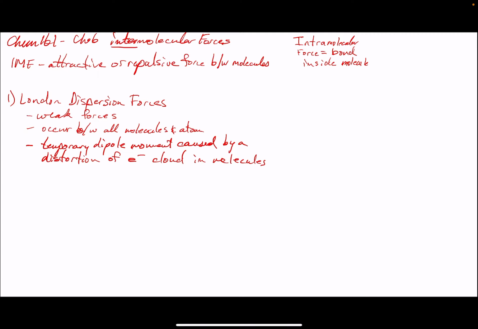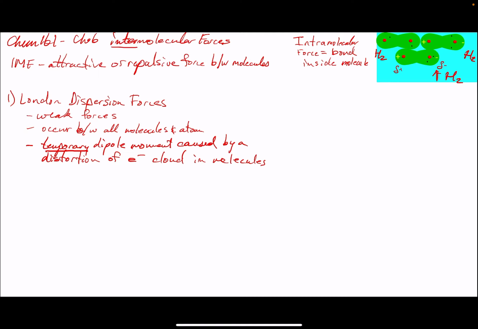So what we're looking at there are things like shown in this animation, where this could be molecules of H2, so we could have three H2 molecules here. And temporarily, we'll see a distortion in the electron cloud, leading to a temporary shift in the electrons to one side of the molecule. So when we see a minus location develop, the electrons are located on that side momentarily, and we would therefore expect a minus to occur on that side, and as a consequence there would have to be a delta plus, and so this would result in a temporary dipole moment.